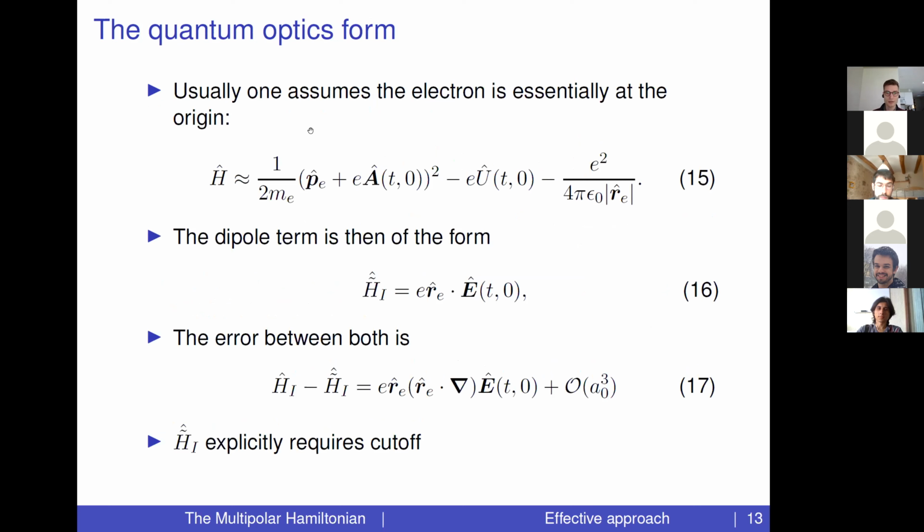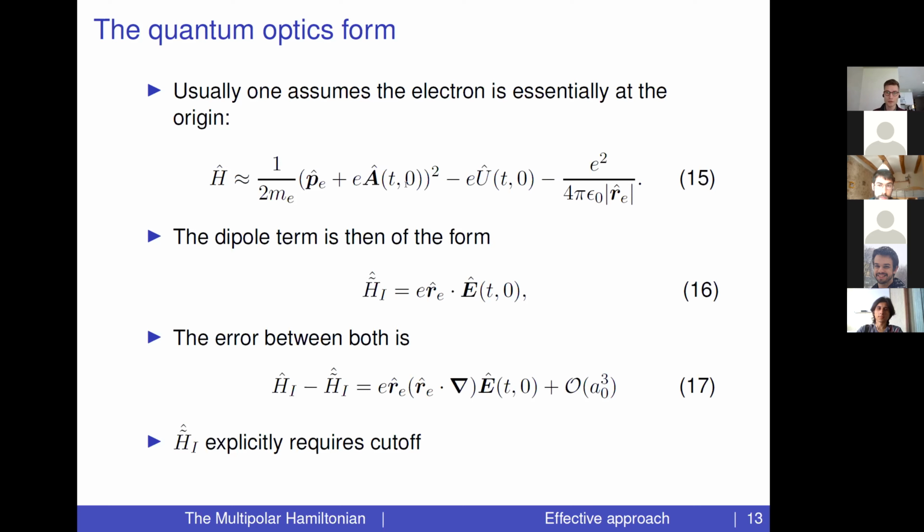So we start out already with this approximated form. We assume, since in the long wavelength approximation, that means the wavelength of all the field momenta is much longer than the atomic size, and therefore approximately the localization of the electron is at the center of the atom, and therefore the center of the atom was at 0.